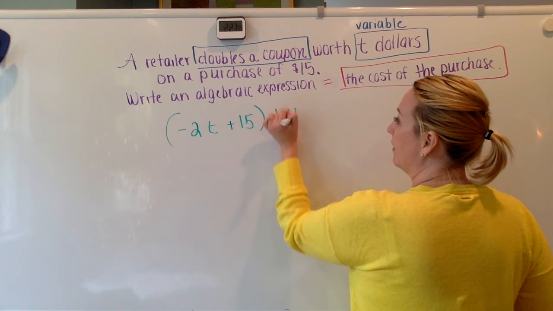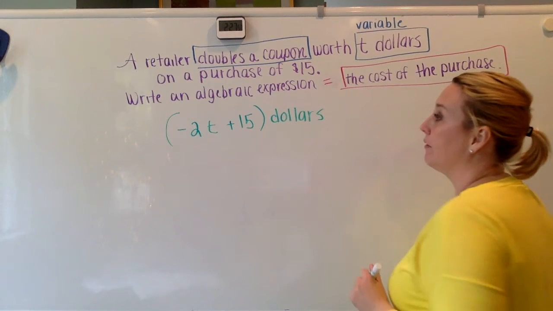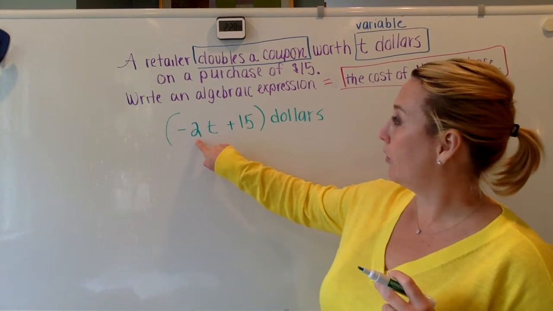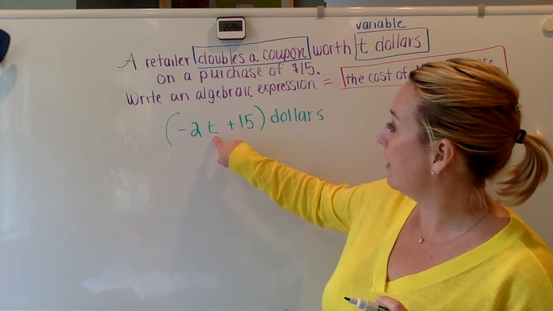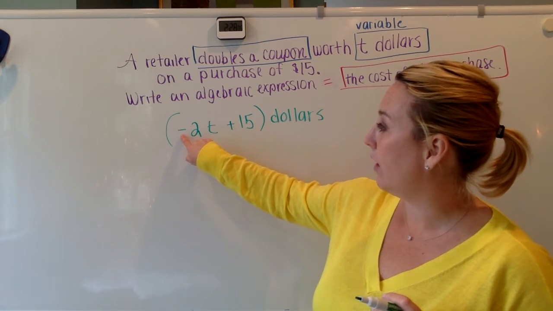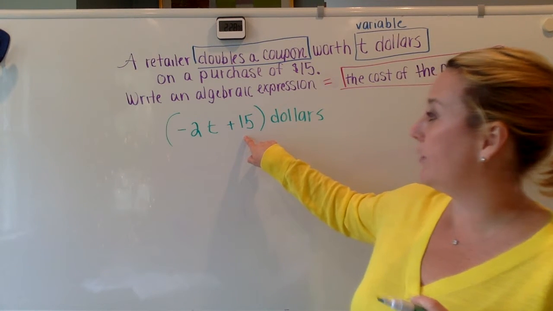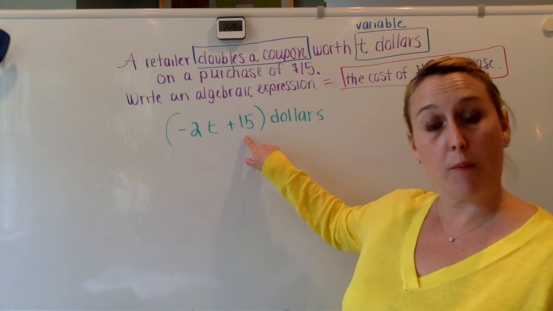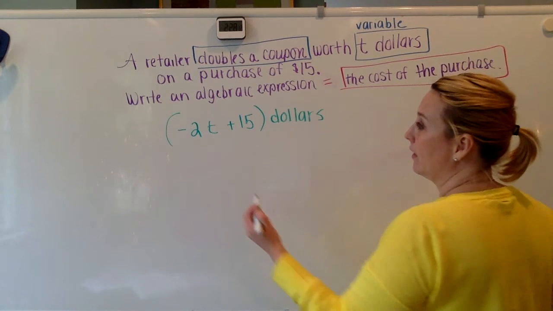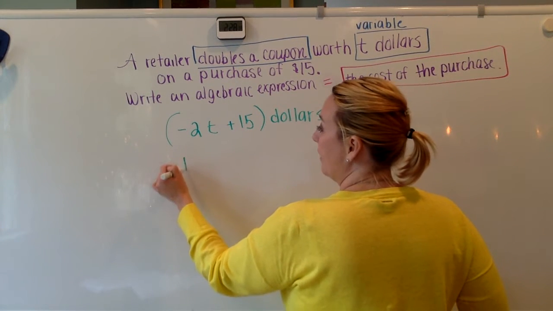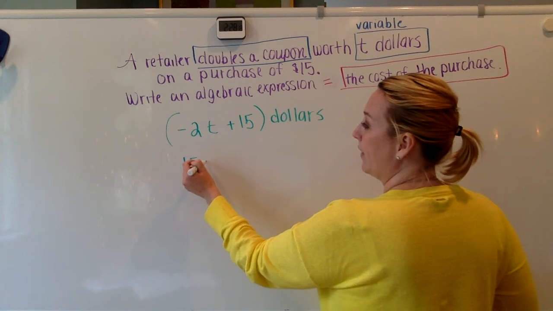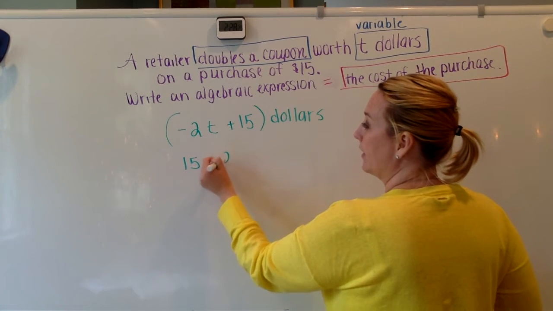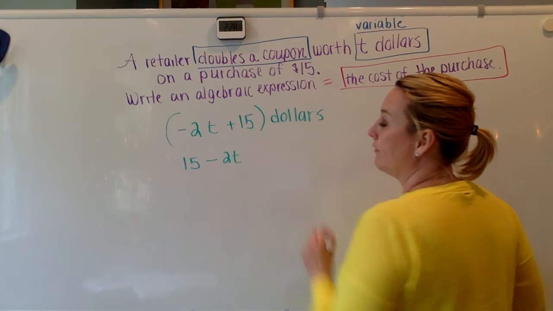plus 15. So it's a coupon that doubles t, so you have to take it off, and you have to spend $15 to start. So it can be represented this way, or it could be represented, if I spend $15, I am going to get a coupon that takes off double of t.